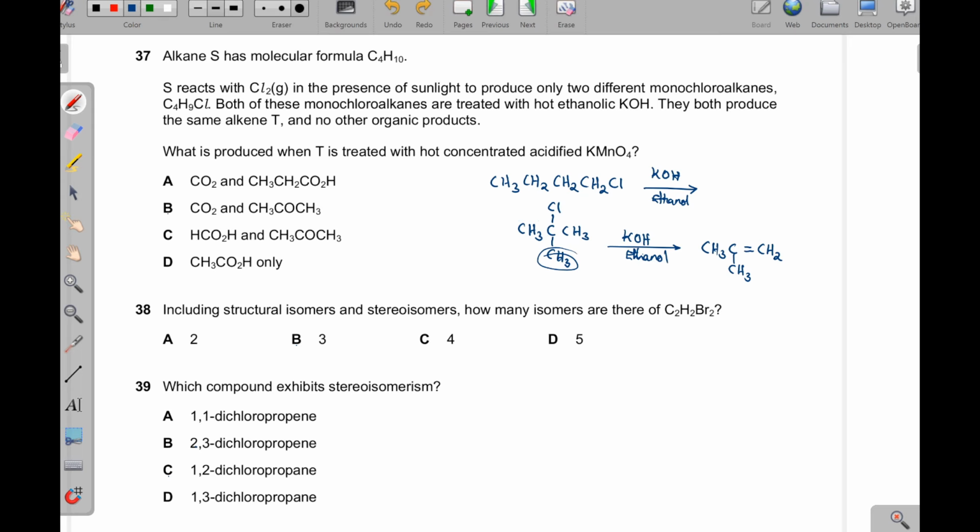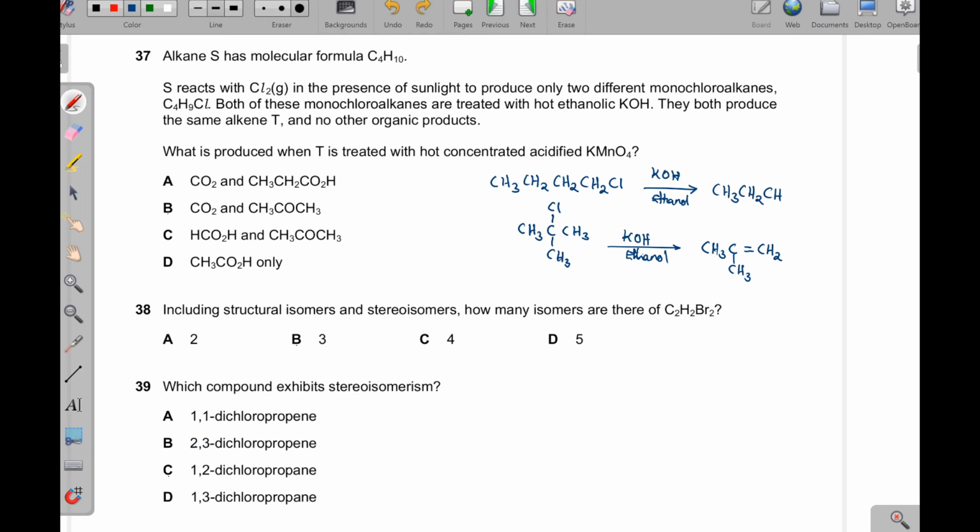Then when we come to this one here, after this one has lost the chlorine, then this one can lose the hydrogen. You get it? So we shall have CH3, CH2, then CH. Now this one loses the hydrogen, so we shall have CH, then double bond, CH2.